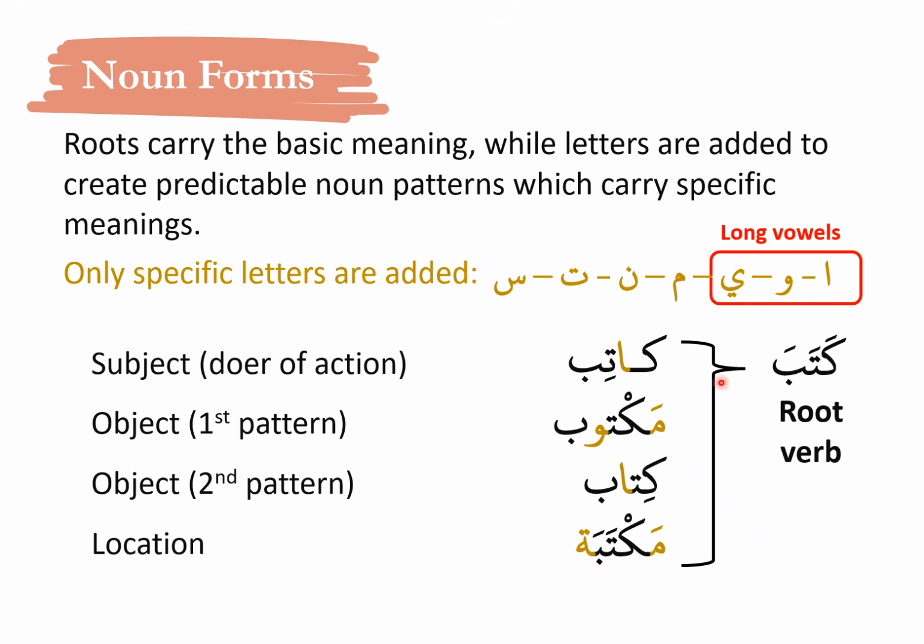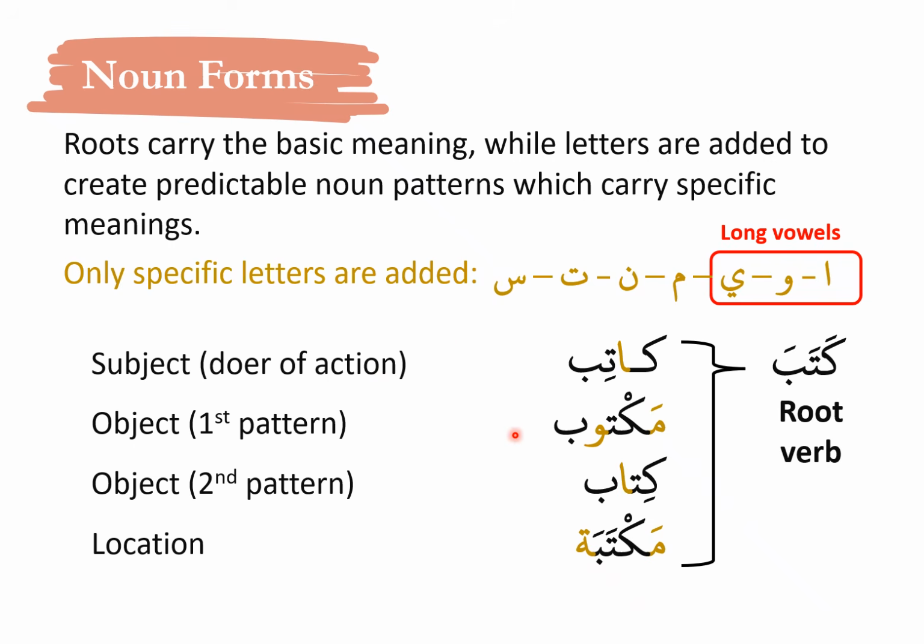So the first one from kataba becomes katib, with adding an alif as a second letter and changing the mark on the third letter to a kasra, becomes the doer of an action, the subject or the doer.